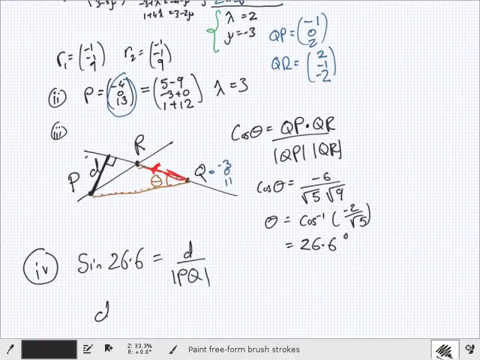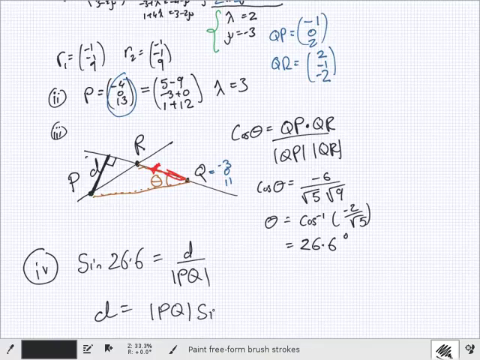So D equals magnitude of PQ sine 26.6. Do we know PQ? We do. Its magnitude is root 5. So it's root 5 sine 26.6.